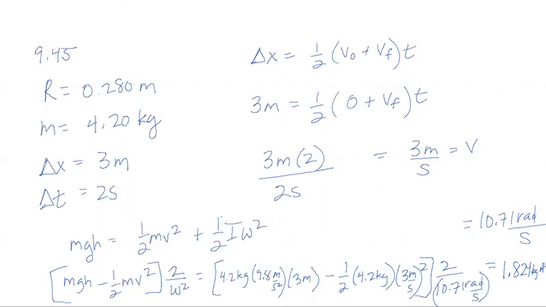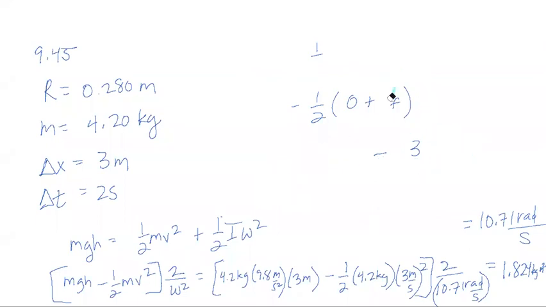Now, that's what my moment of inertia is. And that wheel is going to be a solid cylinder. So we've got 1.824 kilograms times meters squared.